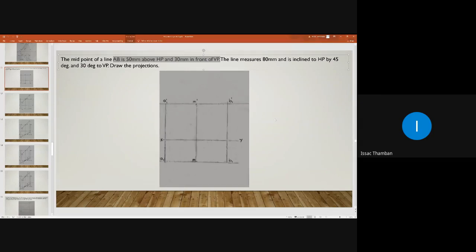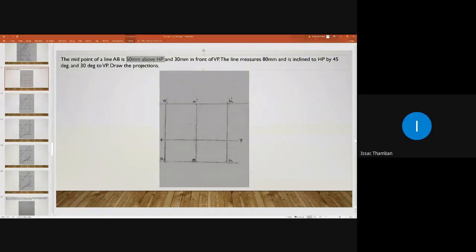So let us mark the position of the midpoint on this vertical projector. Let that point be M. So M dash, the position of M dash, is 50 mm above SP. On this vertical projector, after leaving 50 mm, you have to mark point M dash.